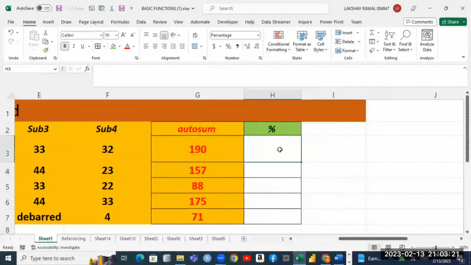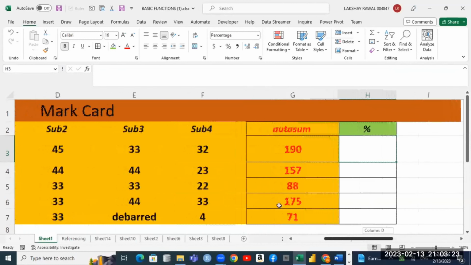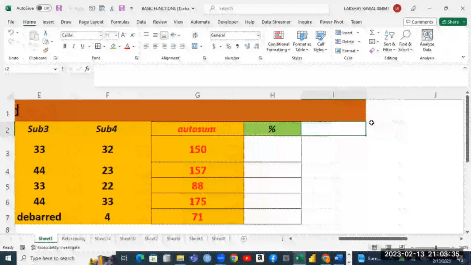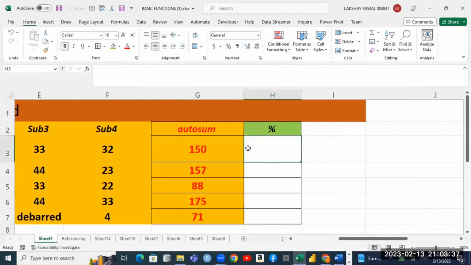Now, next was percentage. Suppose each subject carries 50 marks as maximum marks. Somebody scored 80. Let me put 40 here again. Suppose each subject carries 50 marks maximum. So I scored 150 marks out of 200. How will I calculate the percentage? We have already done that day.